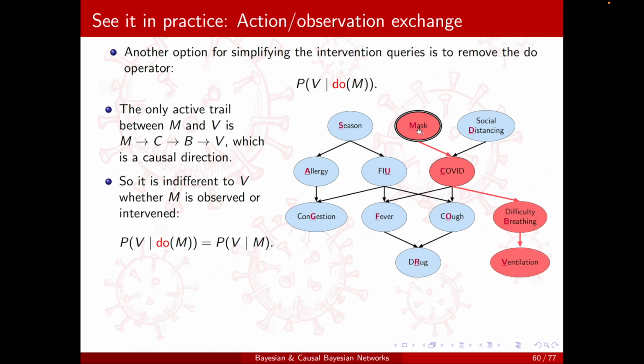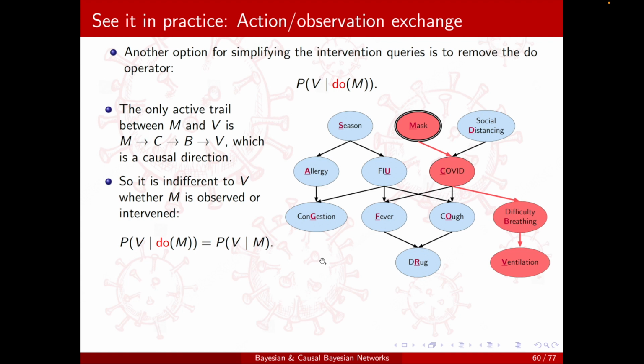It will make its impact via COVID, then difficulty breathing, and from there ventilation. So I can simply remove the do operator. It's similar to when I just have mask and COVID only, and then I intervene on mask. Well, then it's the same as when I just observe mask. The mutilated network will have no change in this network.